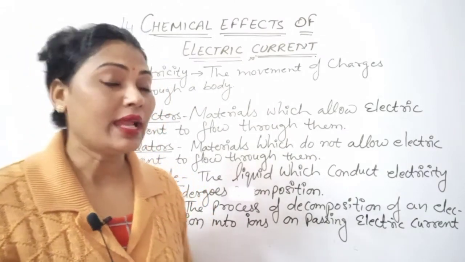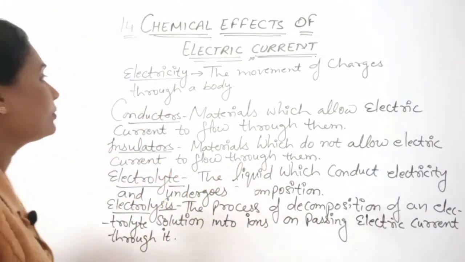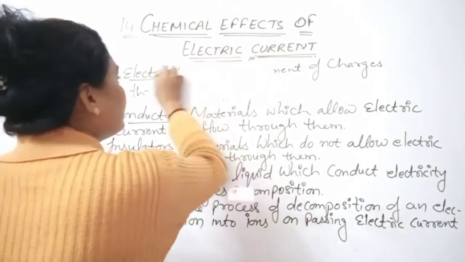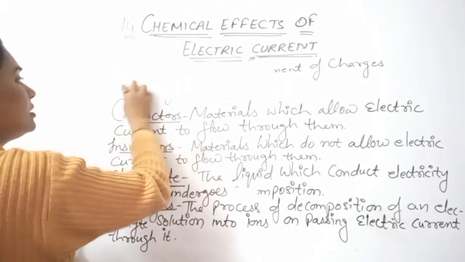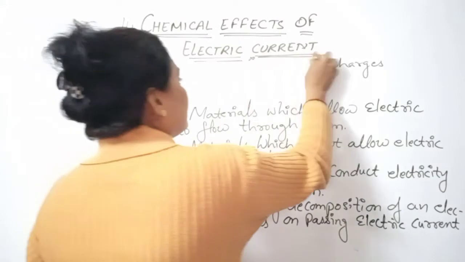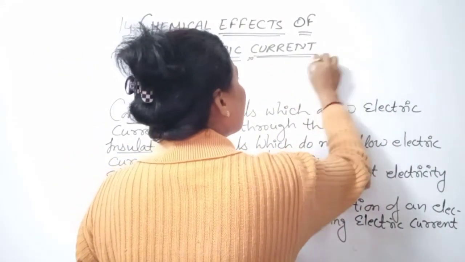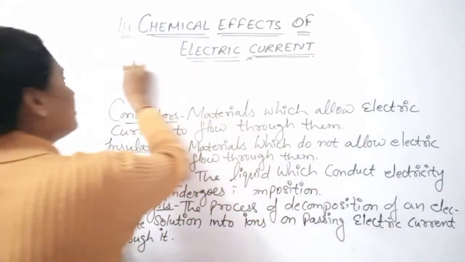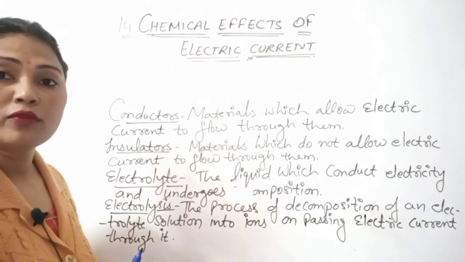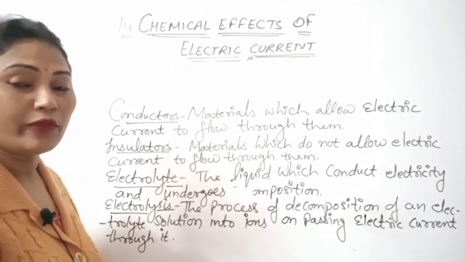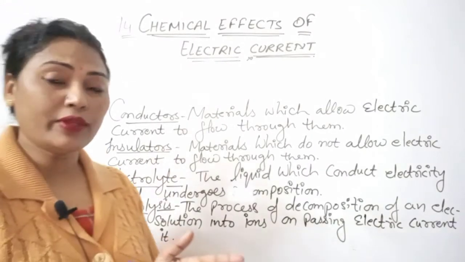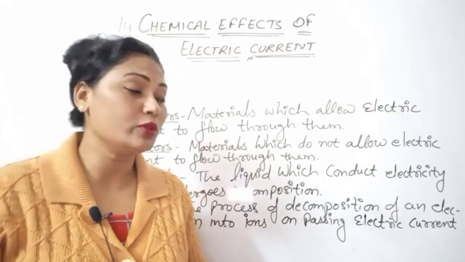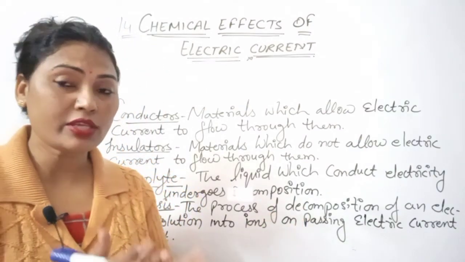Now last definition है that you can write electroplating, and learn these definitions and read out your chapter 14, that is chemical effects of electric current. और chemical effects of electric current यही है, decomposition हो रहा है, जो chemical changes आ रहा है.